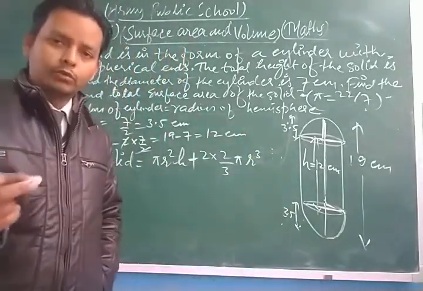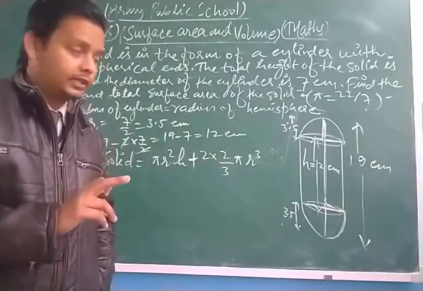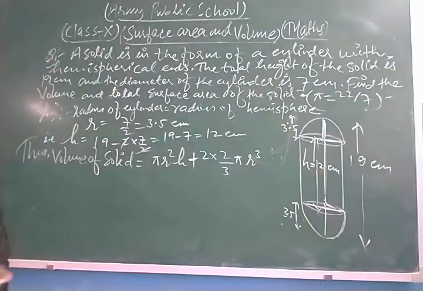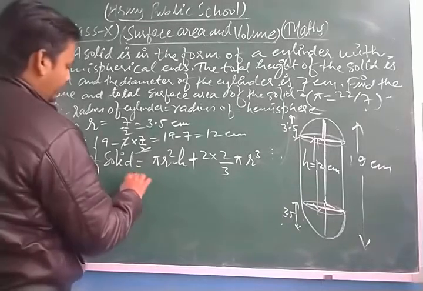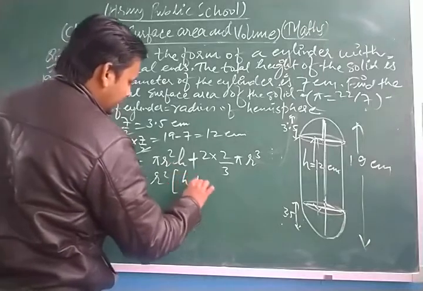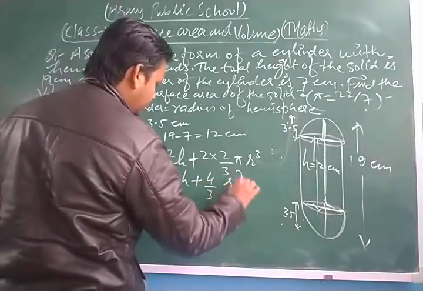The volume of each hemisphere is 2/3 pi r cube, and here two same hemispheres are there. Now we take pi r square as common, so we get pi r square into h plus 4/3 r.